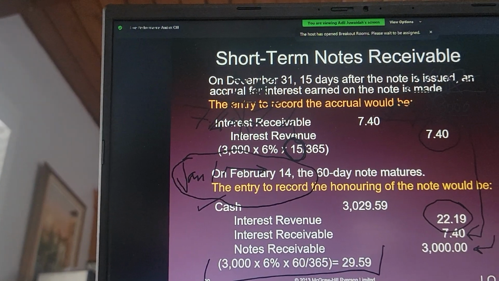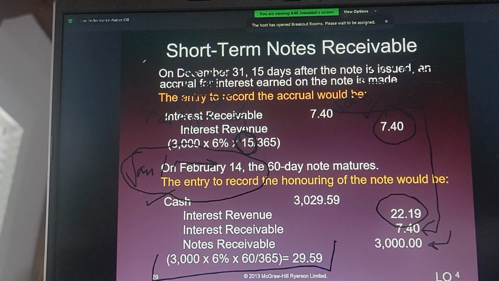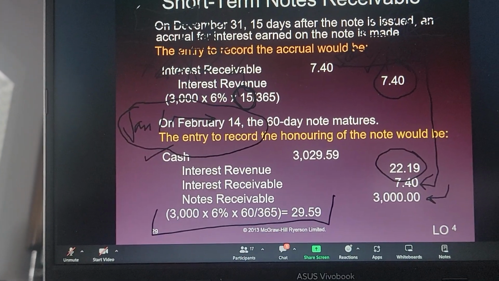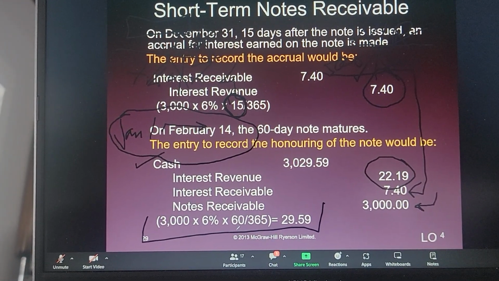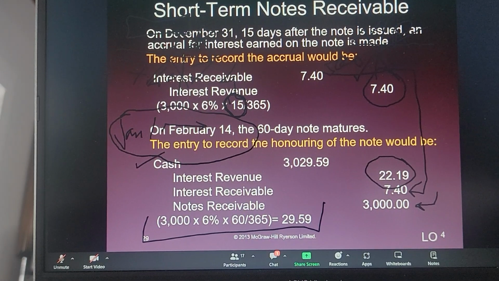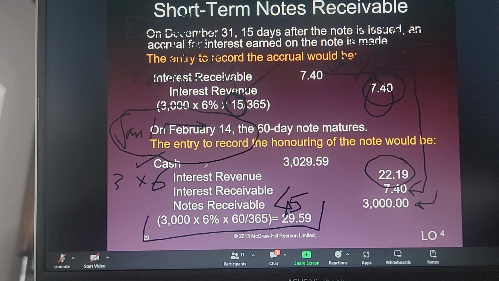My interest receivable, 15 days, correct? So that 15 days was in December. How many days do I have in total? 60 days for the note receivable. So how many days between January 1st and February 14th? I have 45 days. I got 15 days of it. So if I multiply 3,000 by the 6% by 45 over 365, I will get that number right away.